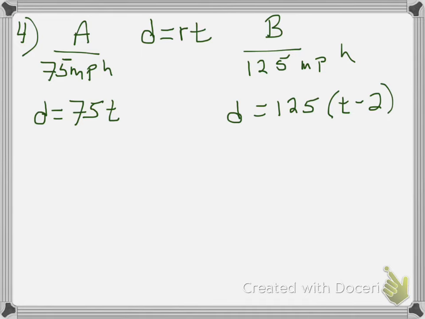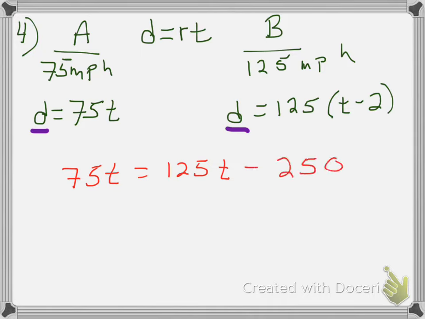Now, it's important to realize that this distance and this distance need to be equal because that's where they overtake each other. So we're going to say that 75t equals 125t minus 250.